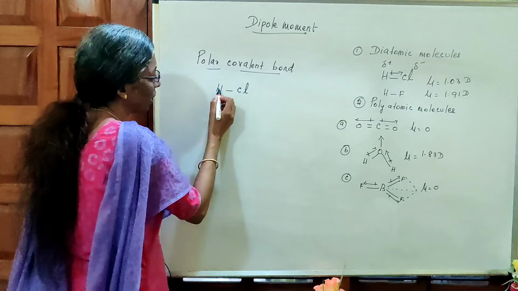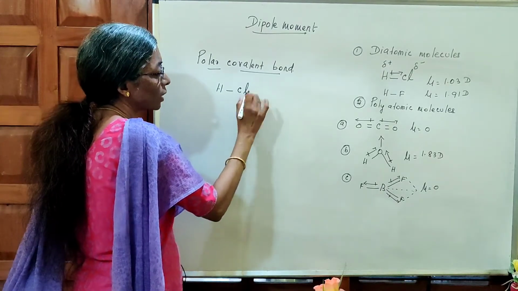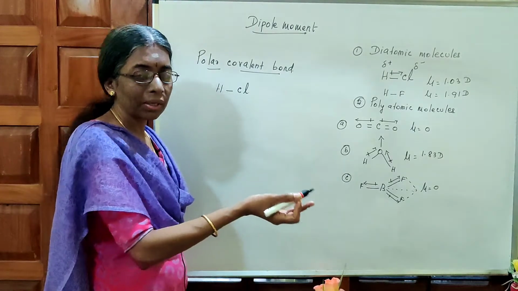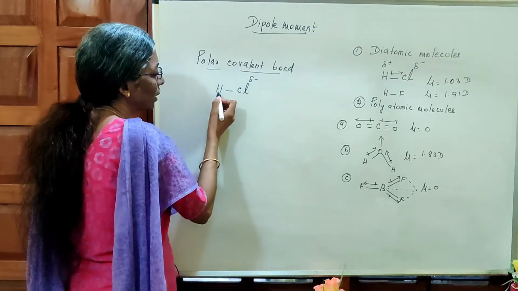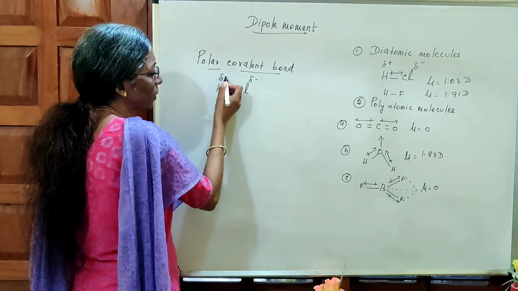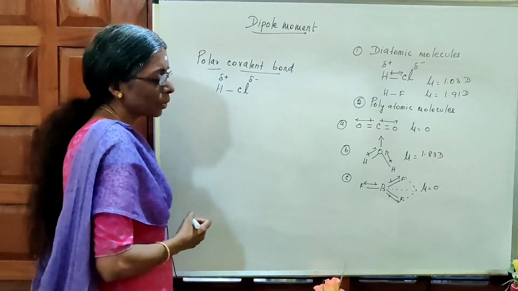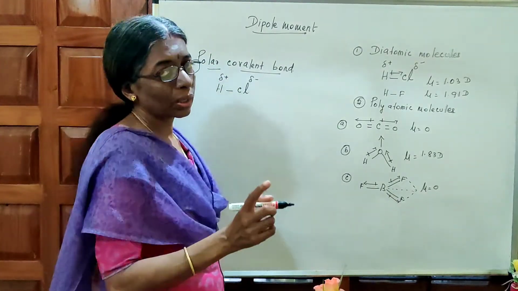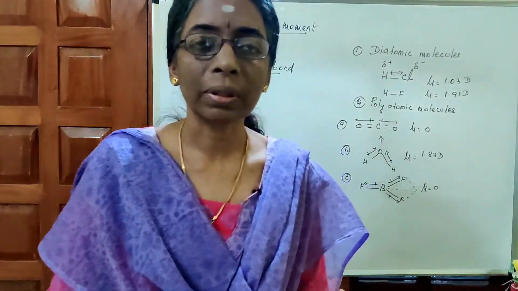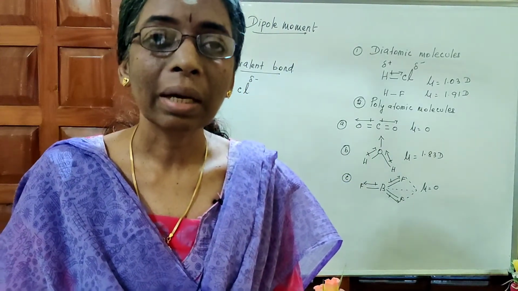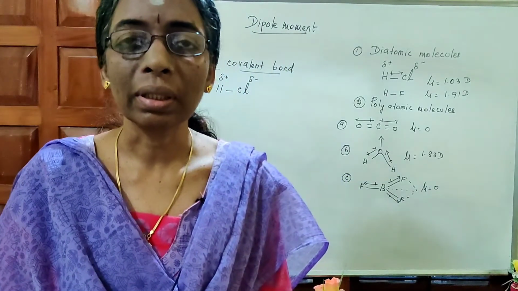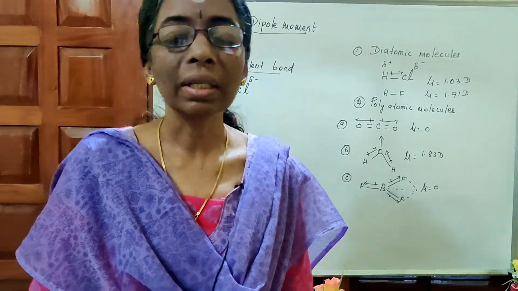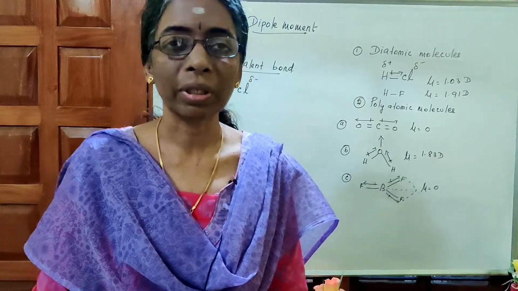Suppose for example hydrogen chloride. Chlorine is more electronegative, as a result it develops a partial negative charge, and hydrogen develops a partial positive charge. So these are called electric dipoles. Electric dipoles in a compound or a molecule are measured in terms of dipole moment.